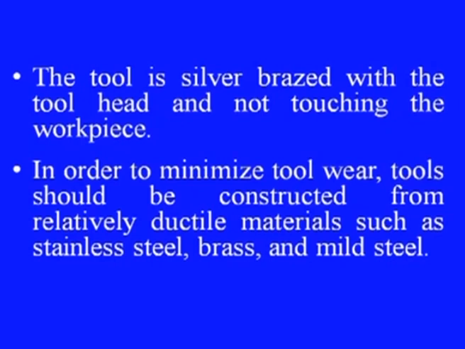In order to minimize tool wear, tools should be constructed from relatively ductile materials such as stainless steel, brass and mild steel. As in the case of macro USM, we have already discussed low carbon steel, stainless steel, brass, these are some of the preferred tool materials as far as their toughness is concerned and as far as their hardness is concerned.